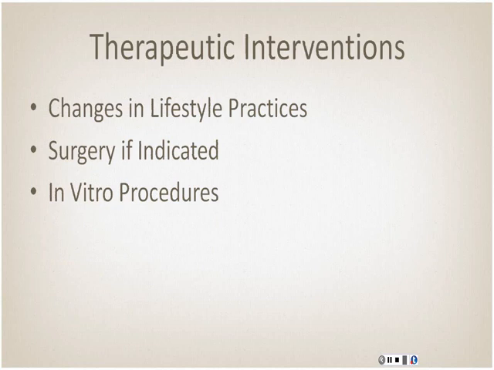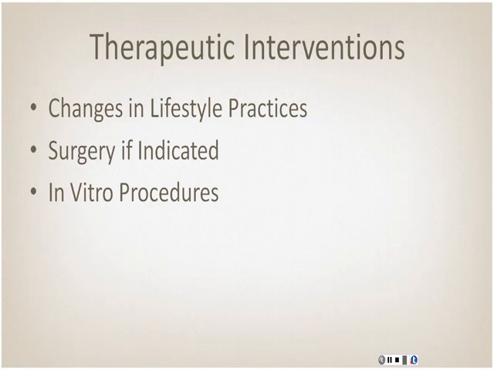So therapeutic interventions, changes in lifestyle practices. So it just may be as simple as changing sexual practices, meaning the people that are trying to have a baby are not actually having intercourse during the time when the woman is fertile. And so that could be a simple fix.